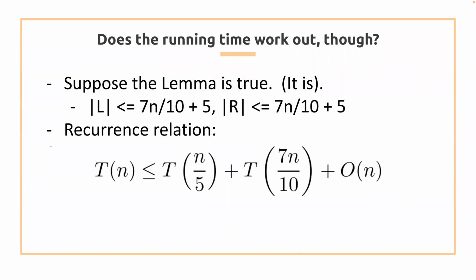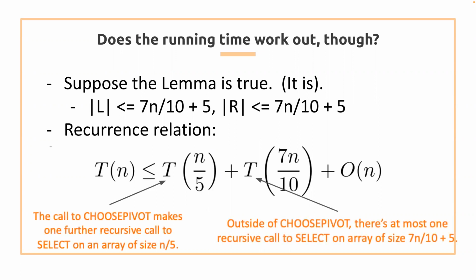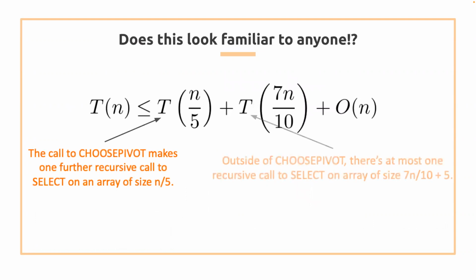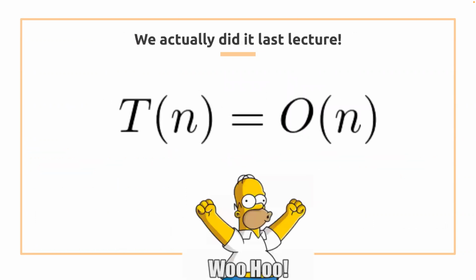You actually cannot use the master theorem here. But last week, we walked through this exact recurrence relation using the substitution method, and we showed that it was O of n.